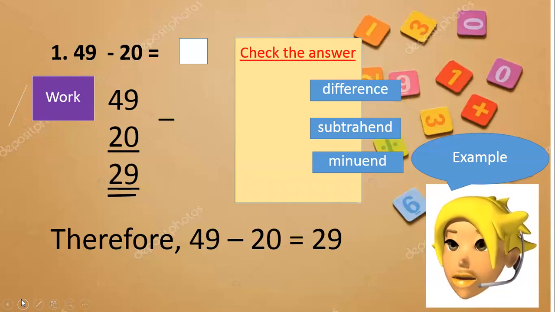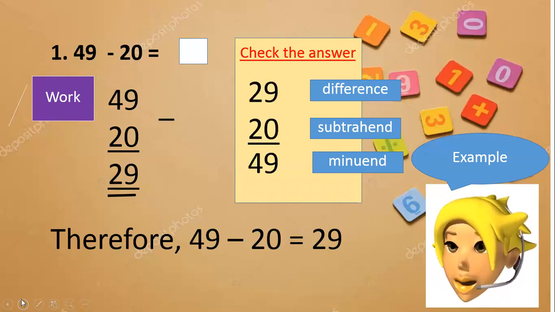Our difference is 29 plus our subtrahend, which is 20. It gives us the sum of 49. And we observe that our sum, which is 49, is equal to our minuend. Therefore, our answer is correct.